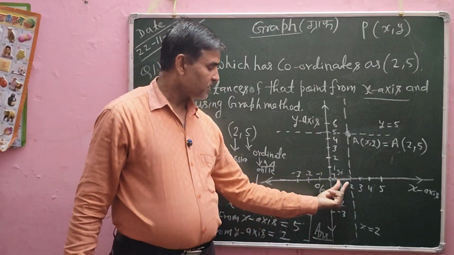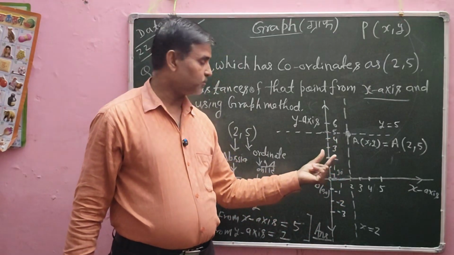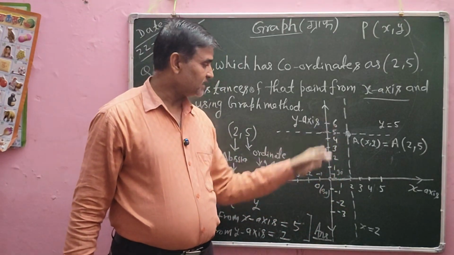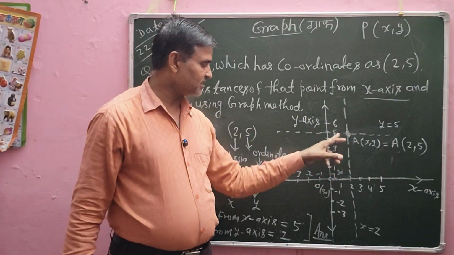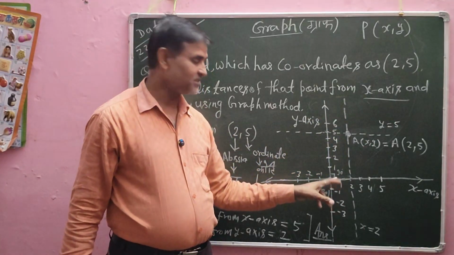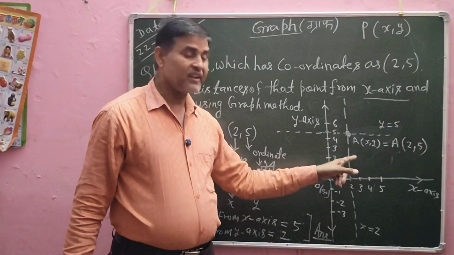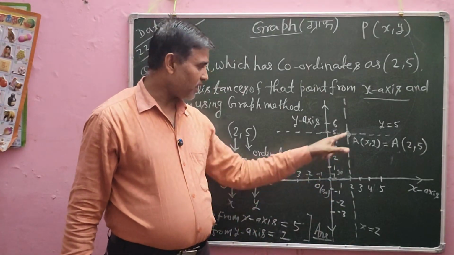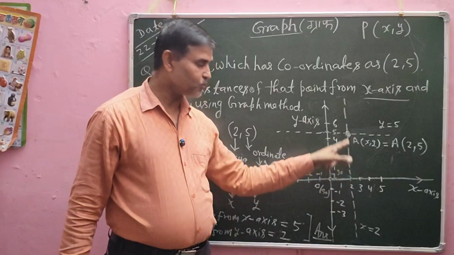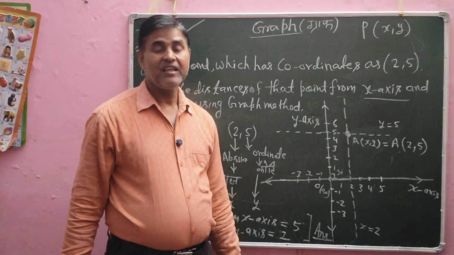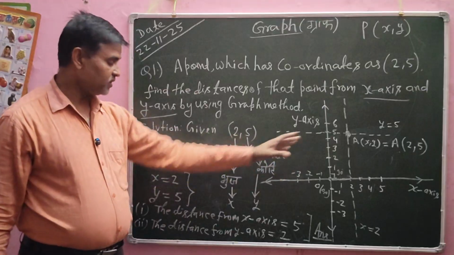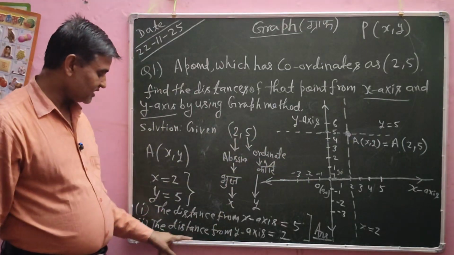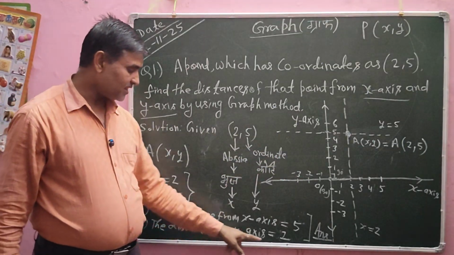This length and this length will be equal, because this line is parallel to this line and this line is parallel to this line. So this distance and this distance will be the same. If I consider all these four points, it is a rectangle. So after calculating, I have got the distance from the y-axis, that is 2.